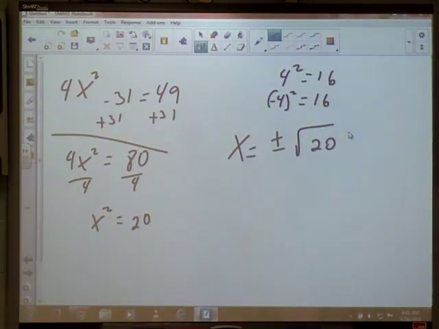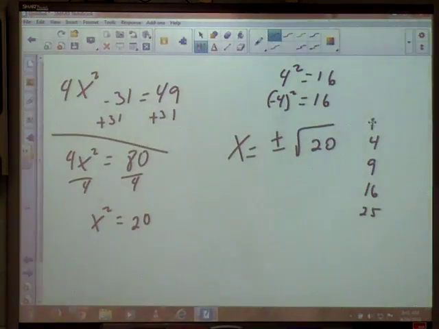Alright, 20. I'm looking for the biggest perfect square that'll go into 20. There I just listed the first 5 perfect squares. 1 will always go, so you don't ever check 1. 25 is too big, it's bigger than 20. Will 16 go into 20 evenly?